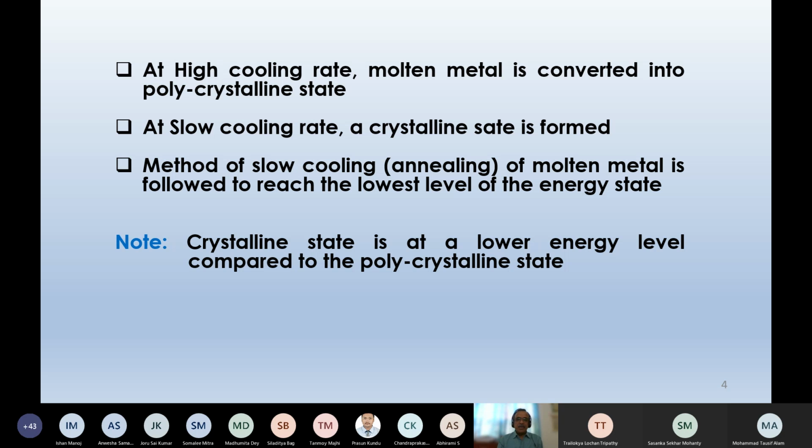If I go for slow cooling rate, you'll be getting the crystalline state belonging to only one single crystal. Now, there is a difference in properties between the polycrystalline state and the single crystalline state. Whenever the metal is in a single crystal state, it will have the lowest level of energy.